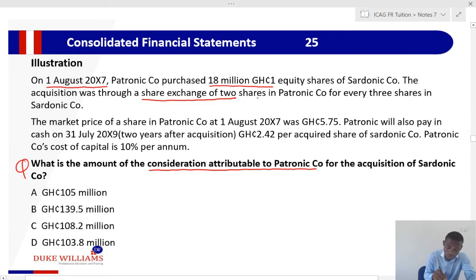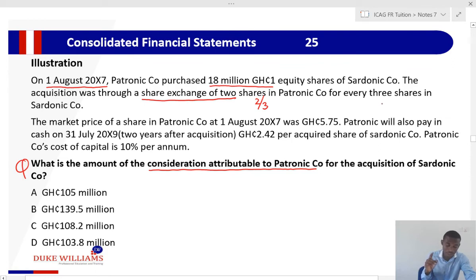2 for every 3. The ratio we establish is 2/3. If it were 3 for every 5, the ratio would have been 3 over 5. It's the number of shares in the parent divided by the number of shares in the subsidiary. So he's saying that it is 2 shares in Pantronic, which is the parent, for 3 shares in Sardonic.